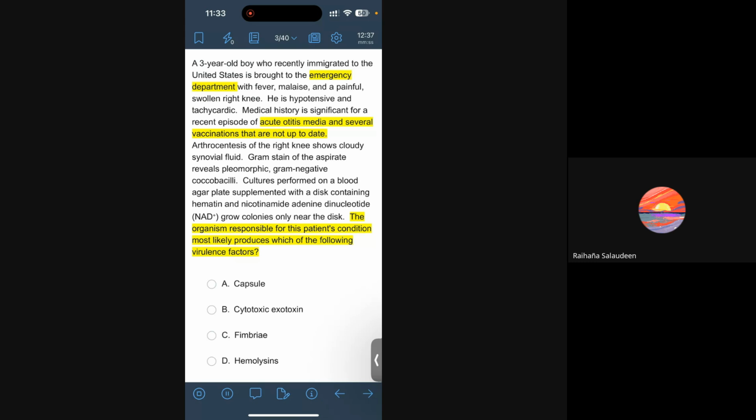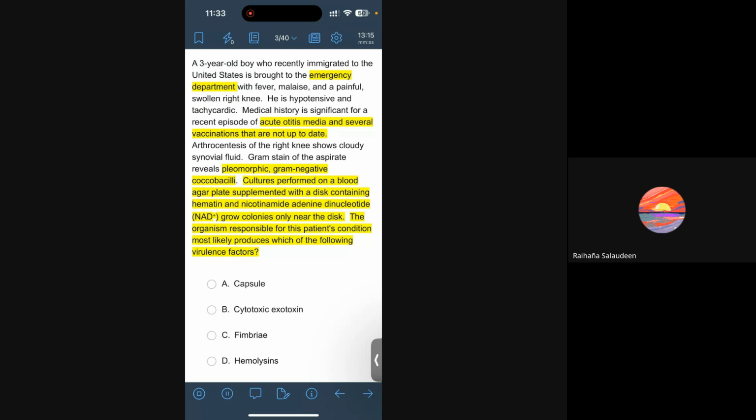The gram stain of the aspirate shows a pleomorphic gram-negative cocobacilli. Cultures are performed on blood agar plates supplemented with factors. Now, if you know this specific agar in which we use NAD and hematin, you can diagnose this patient within a second, because this agar is very specific for one specific bacteria. Try to memorize those agars and those staining techniques.